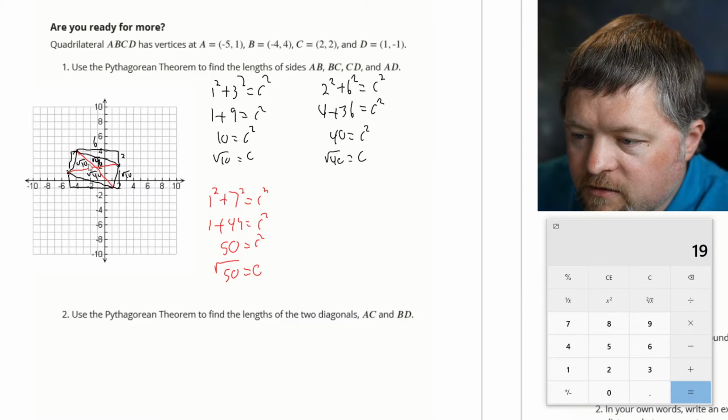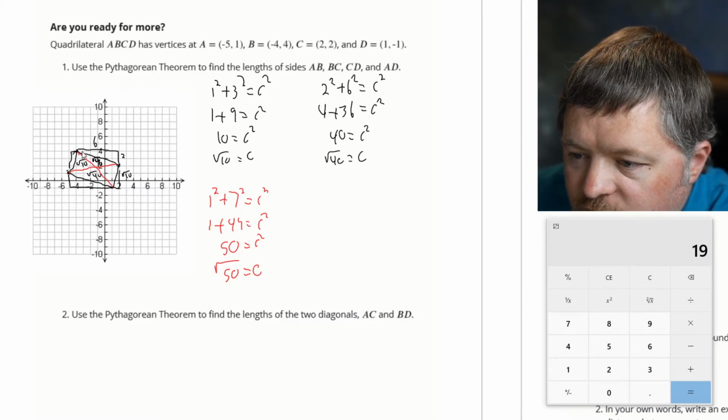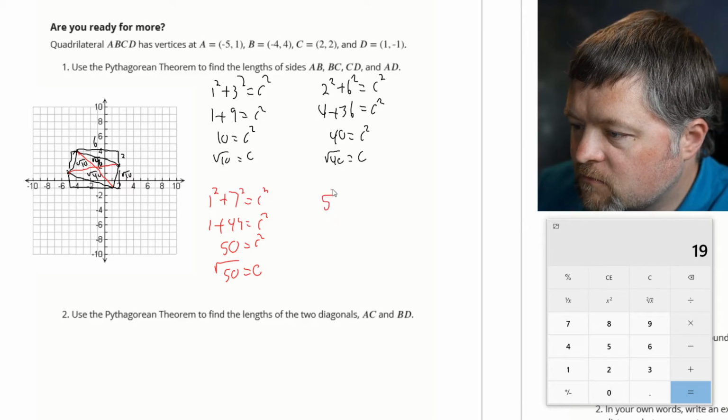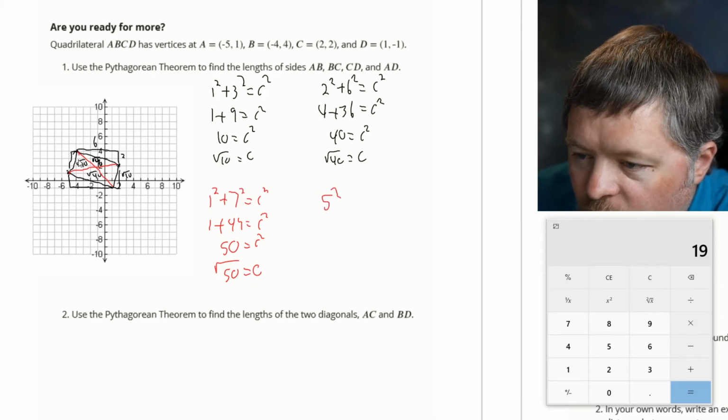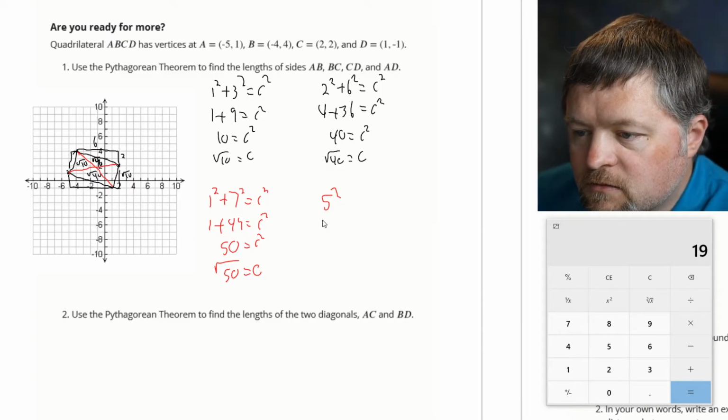Now our other diagonal looks like it goes over 1, 2, 3, 4, 5 units. And down 1, 2, 3, 4, 5 units.